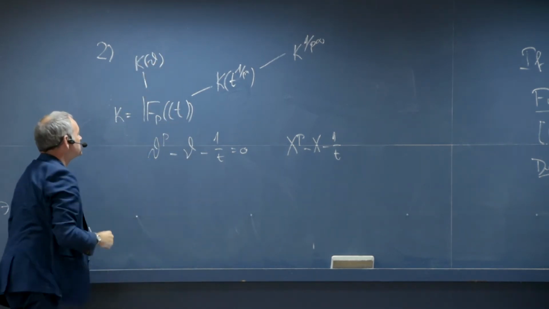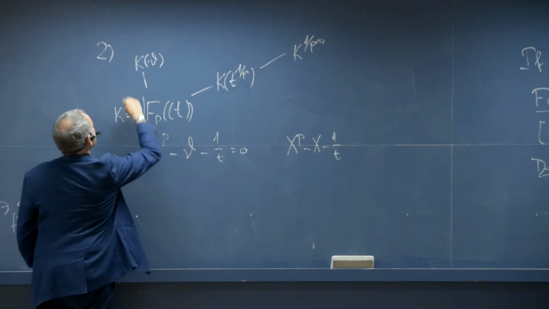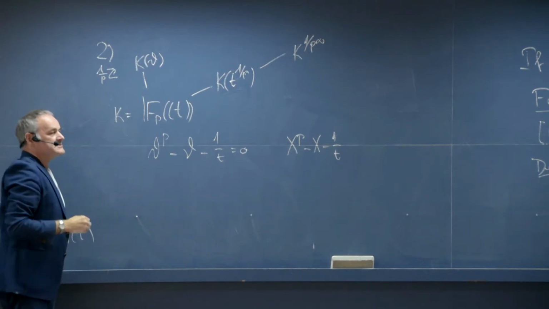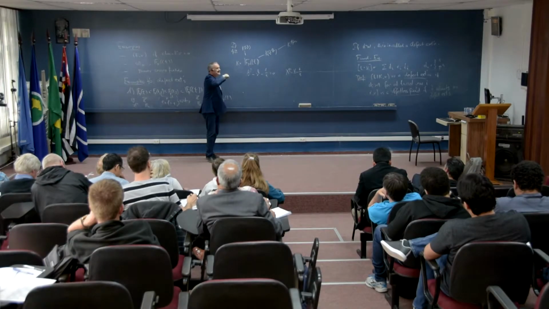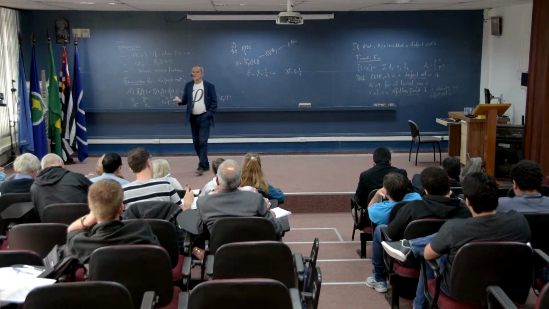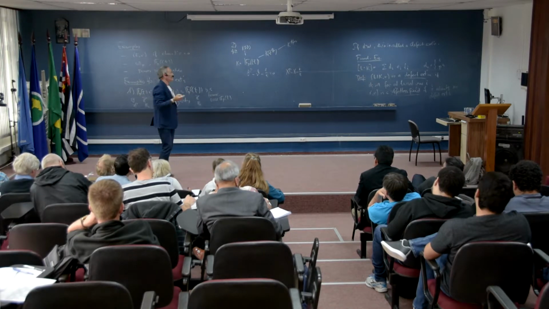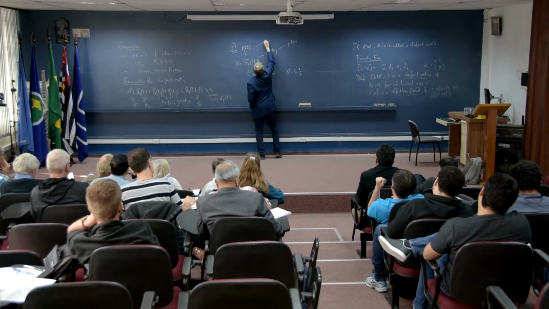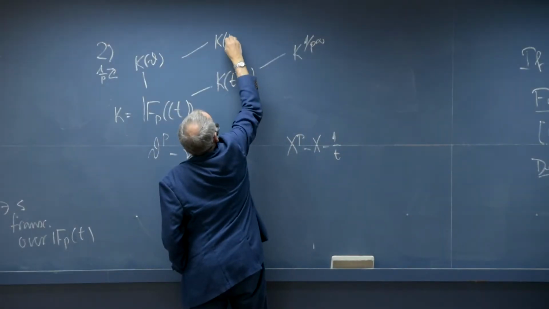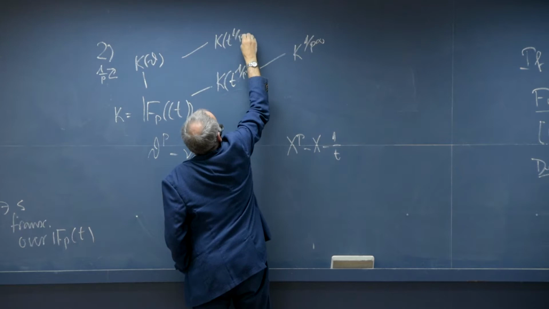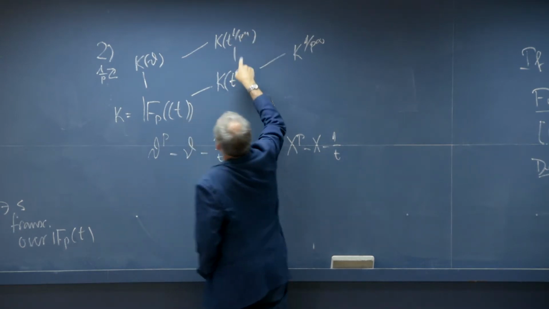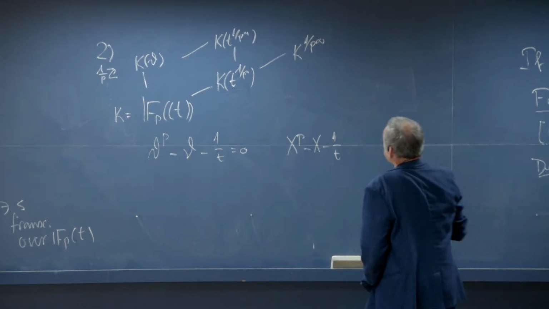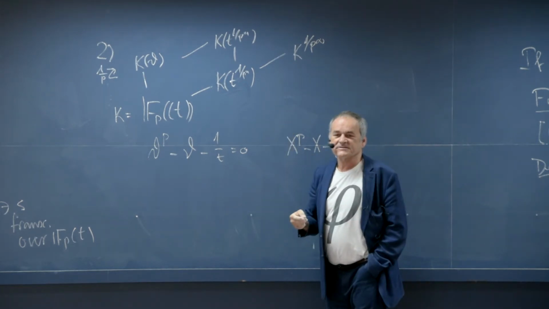What you easily show is now the value group here will be (1/p)Z. So e is p, the degree is p, so d and f are 1. Again, the ramification is p, inertia degree is 1, defect is 1.